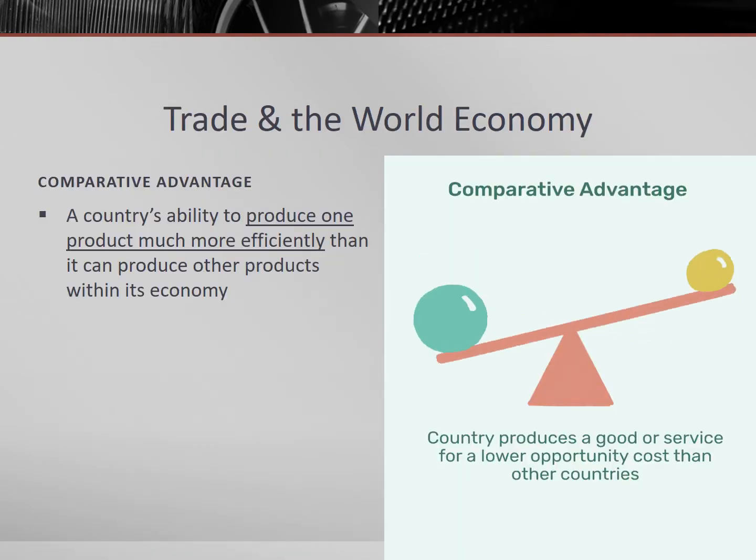Another country may have a comparative advantage in climate and are able to produce a luxury crop like coffee that generates high demand elsewhere. A great example of comparative advantage are the Arabian Peninsula states, countries like Saudi Arabia and the United Arab Emirates, that have a comparative advantage when it comes to a raw material, oil.